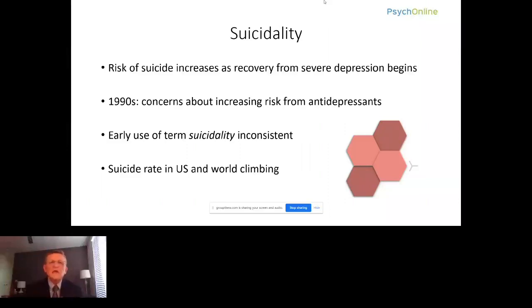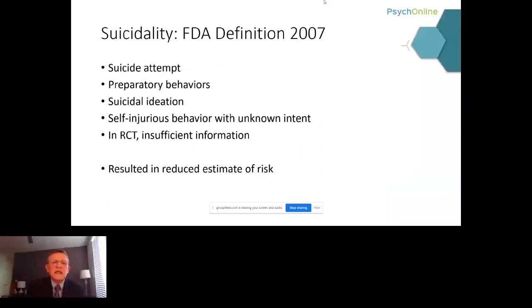And then we have to also realize that this all takes place with the background of a suicide rate in the US and the world steadily climbing. By 2007, the FDA said, all right, we need a clear definition we can all agree on of what's suicidality. And this is what they came up with: a suicide attempt, preparatory behaviors, suicidal ideation, self-injurious behavior without known intent.